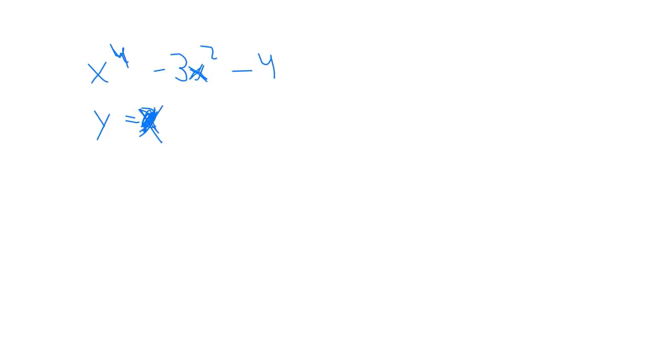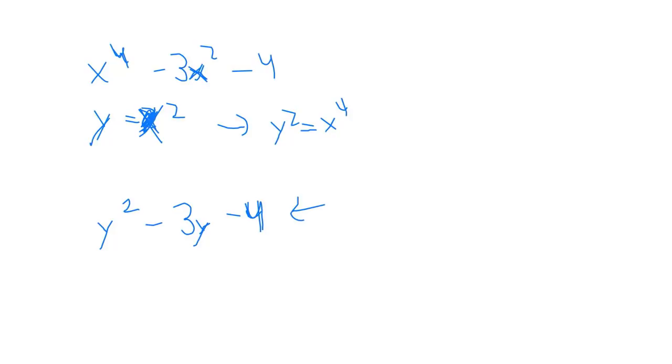So y equals x squared, and that means y squared equals x to the fourth, right? Then you would do y squared minus 3y minus 4, and then you just figure out which factors would work. I kind of just chunk it out, so you should know how to factor that fairly easily.